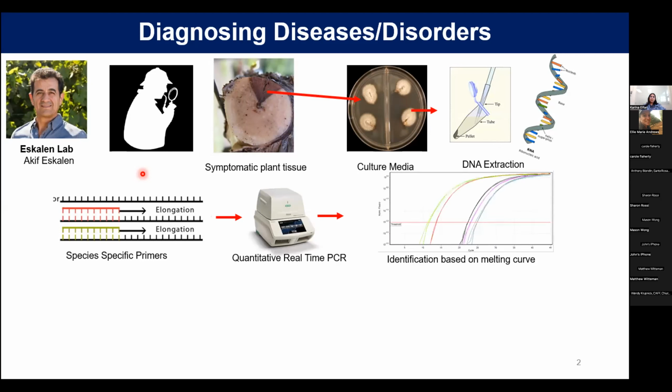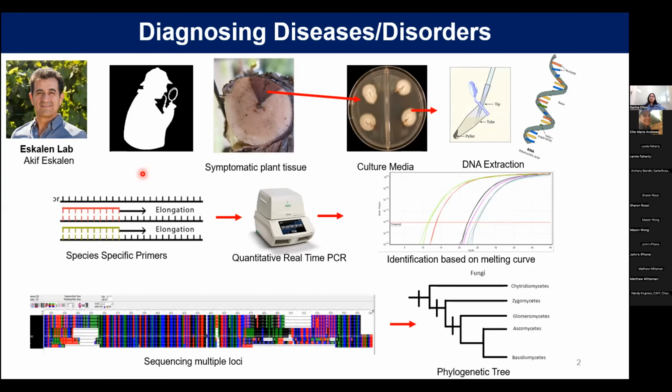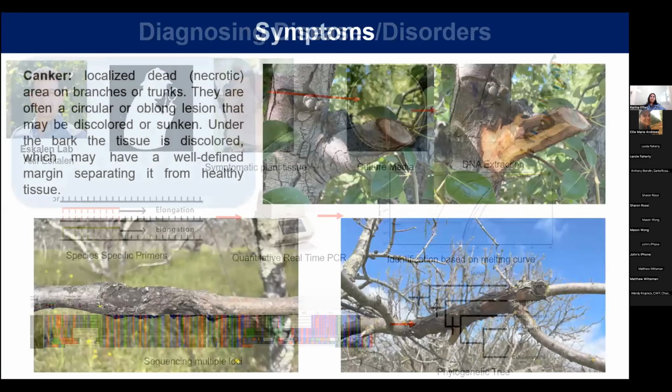Sometimes it can be real-time PCR or just regular PCR. And then we need to sequence them. And then finally, we can do a phylogenetic analysis. In that way, we will know that what we are identifying is really the pathogen that we have. So we try to be really accurate when we are doing our identification.